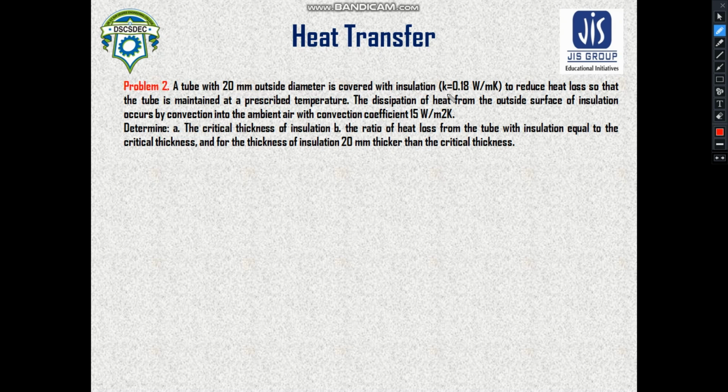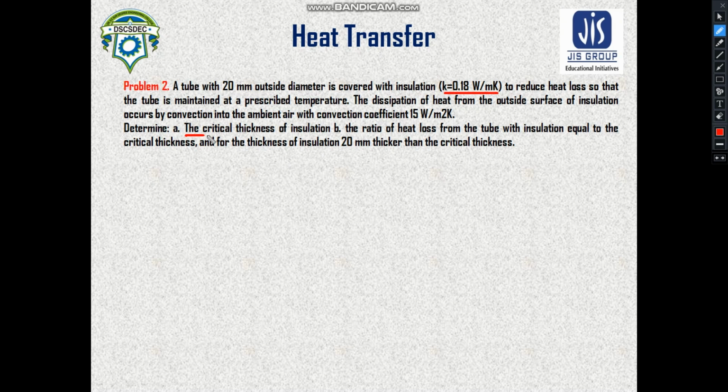The thermal conductivity of the insulating material is provided here to reduce heat loss so that the tube is maintained at a prescribed temperature. The dissipation of heat from the outside surface of the insulation occurs by convection into the ambient air with a convection coefficient of 15 watts per meter square Kelvin.